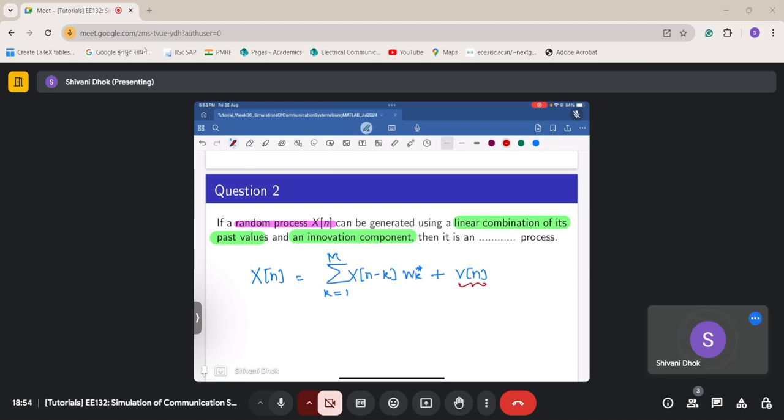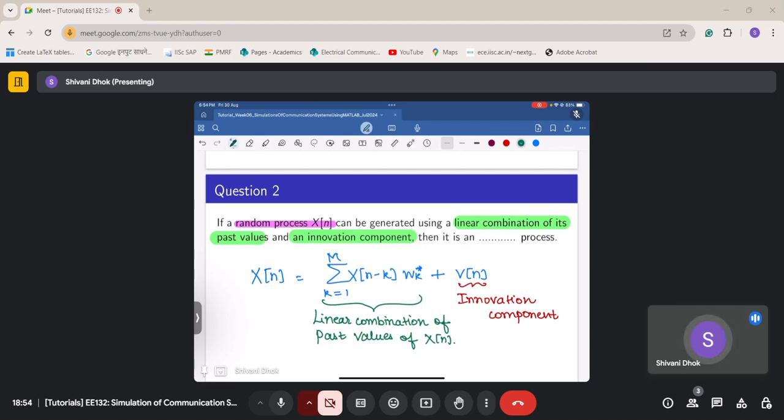This is the innovation component. And this is simply your linear combination of past values of x[n].